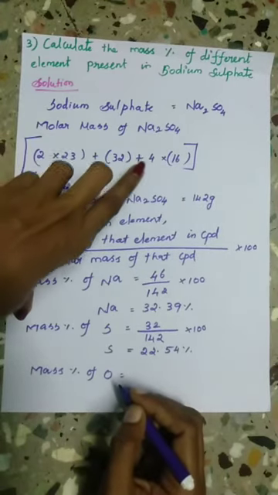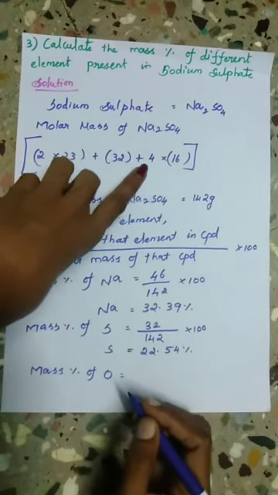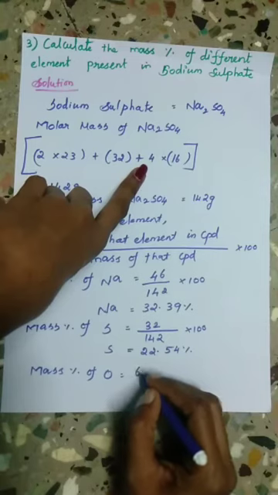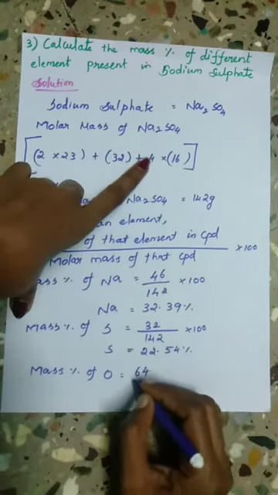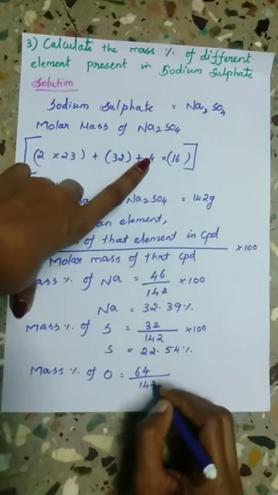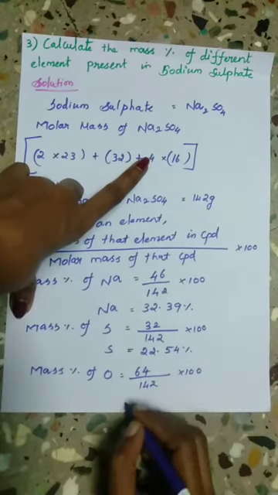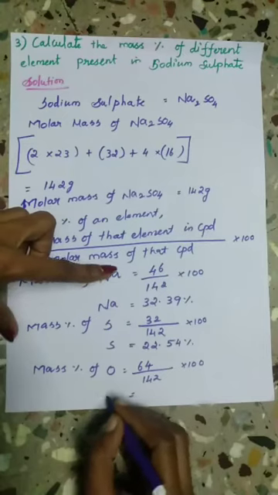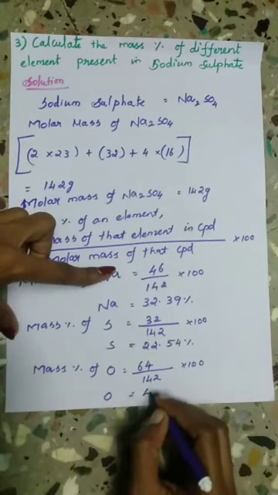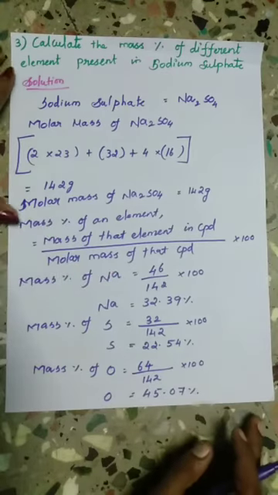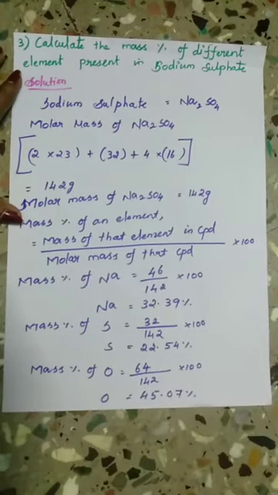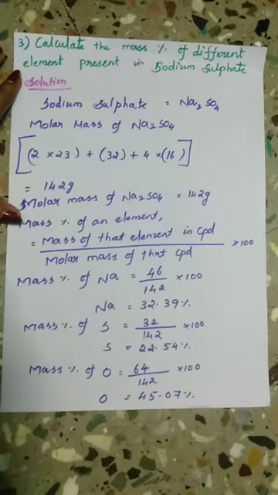So oxygen here 64, 16 multiply 4, 64. So divided by 142 multiply 100. So the mass percentage of oxygen is 45.07%. Okay, will you be able to understand?